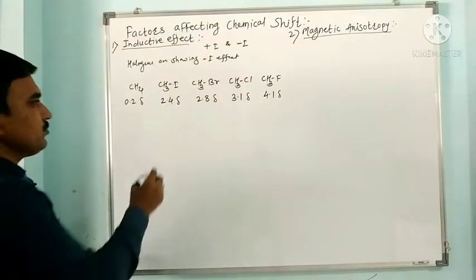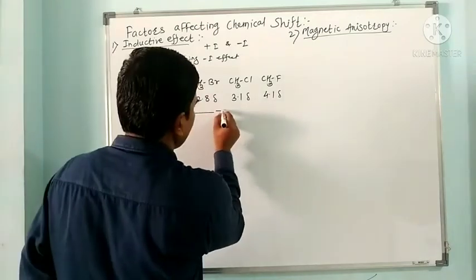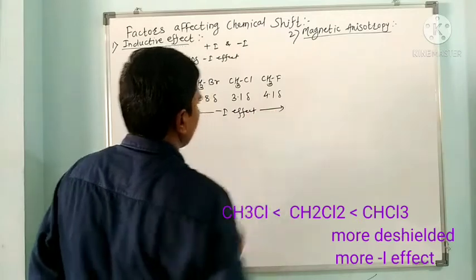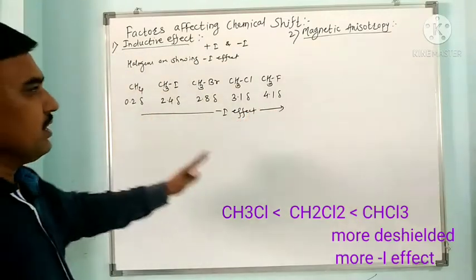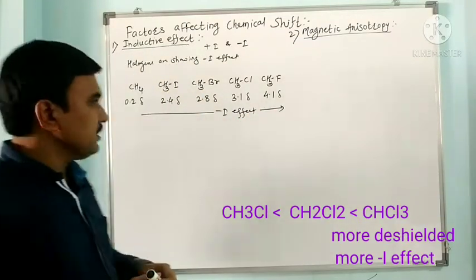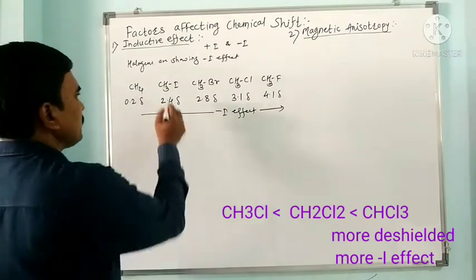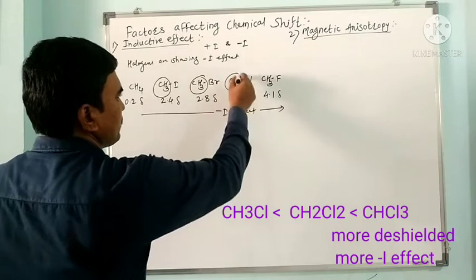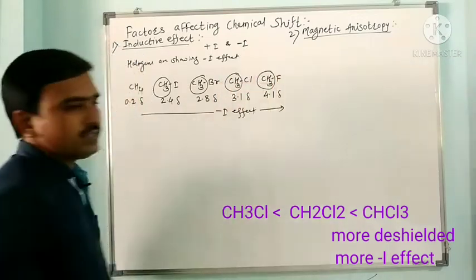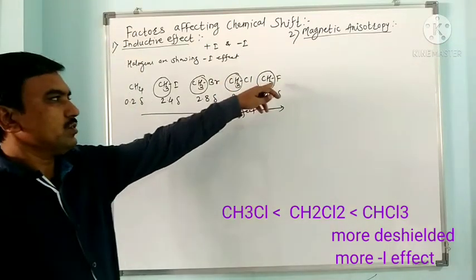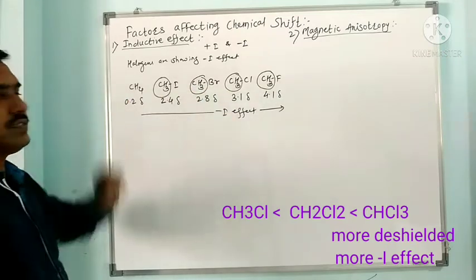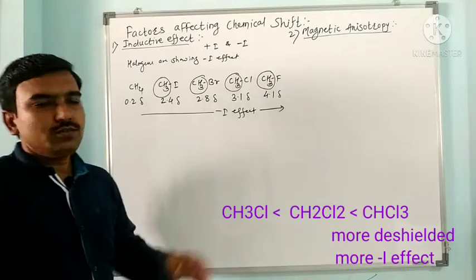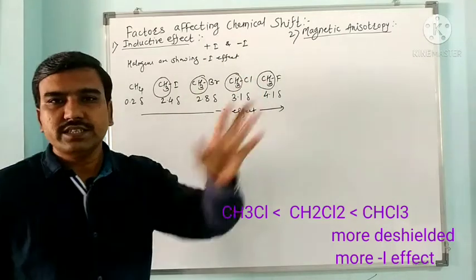As we are moving from this to this, the minus I effect increases from left to right. As the minus I effect increases, the electron density around the methyl groups decreases. The electron density around the last one is very low, so its protons get deshielded.